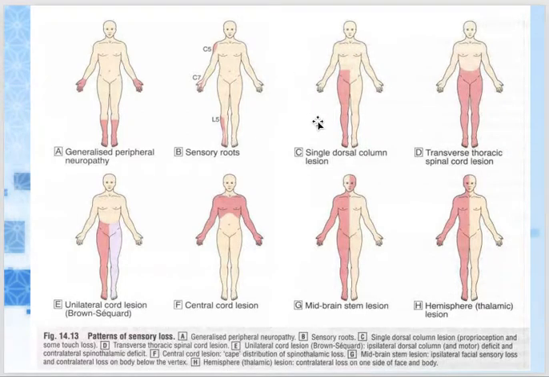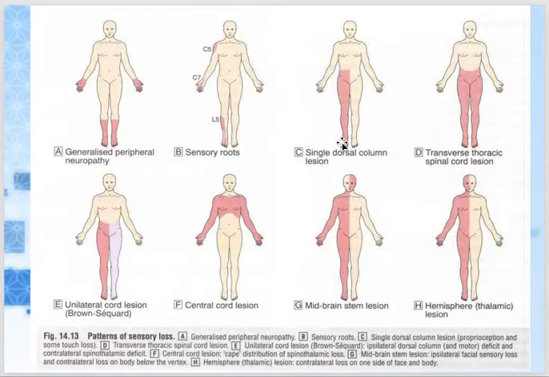if you get a patient like this, see, he has sensation loss from this area down, all the way down. Now this one is a dorsal column lesion. This is not a peripheral neuropathy, it's a central lesion. Why? Because see, something happened in the spinal cord, and below that level everything is lost.